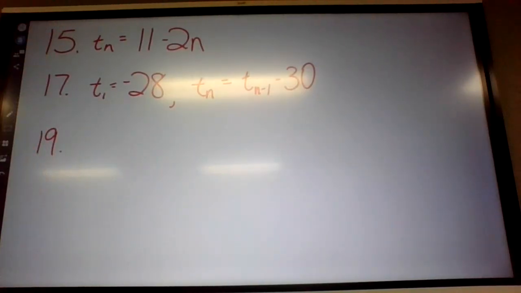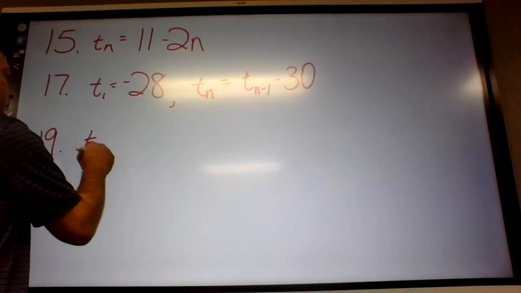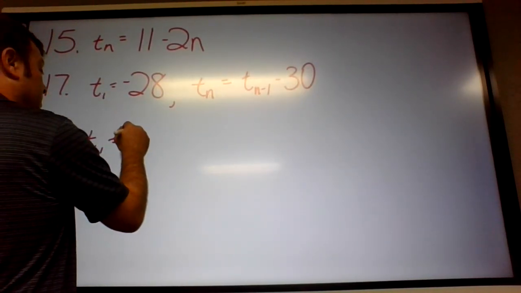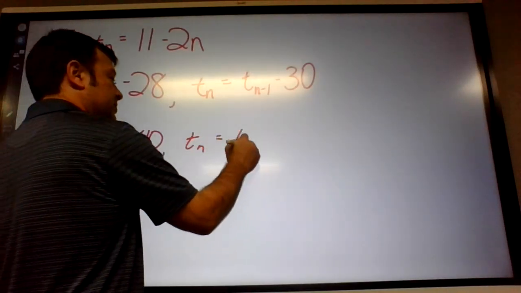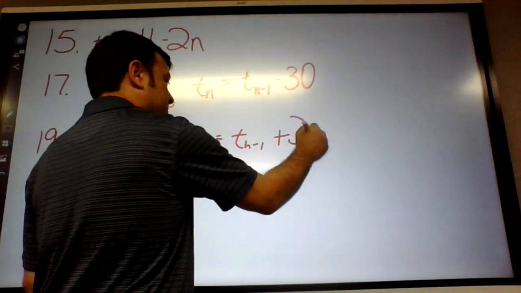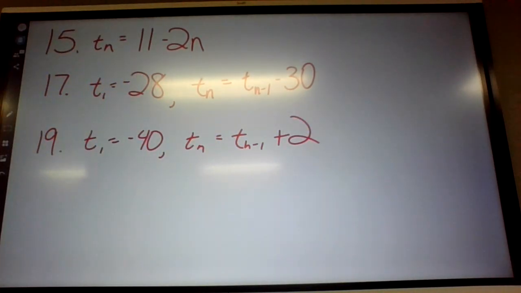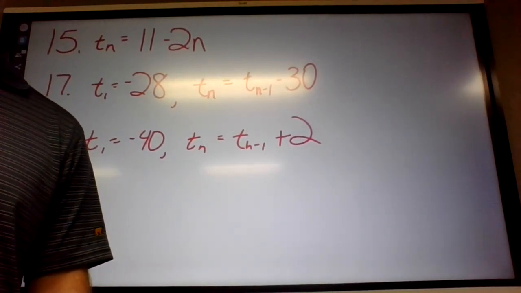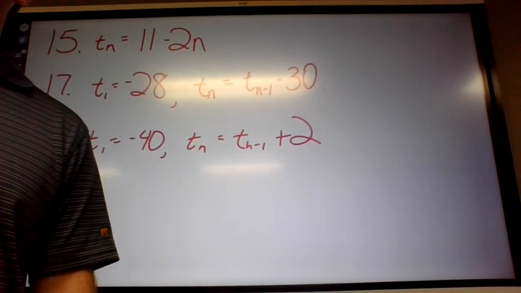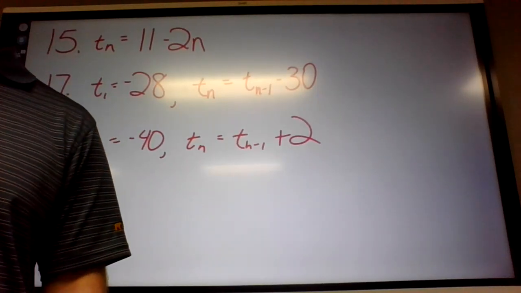Okay. 19, what's the pattern? How do you get from negative 40 to negative 38? Plus 2. All right. So t sub n equals t sub n minus 1 plus 2. There are a few like this. This is the problem that occurs the most often on the test.